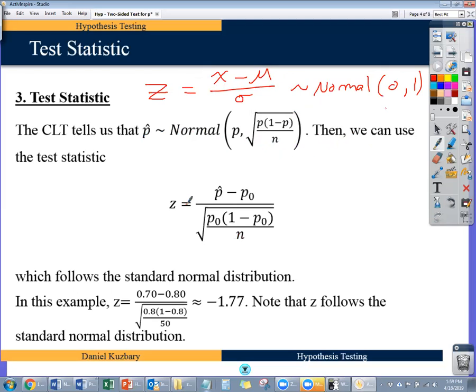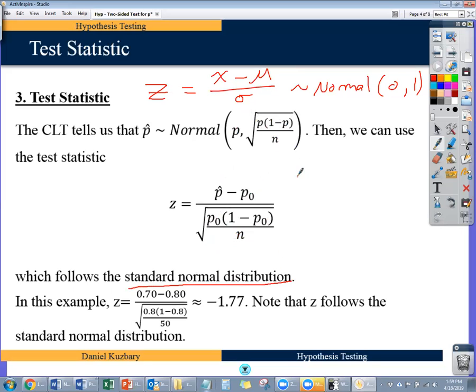So we take p hat, subtract its mean, which we call p naught, the mean under the null hypothesis, and divide by the standard deviation under the null hypothesis, which is this thing right here. We get something that follows the standard normal distribution.